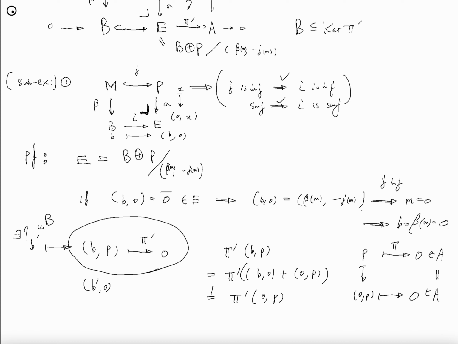If this is mapping to 0, this tells you that this P is in the image of J. Alright, there is some M with J of M equals P.